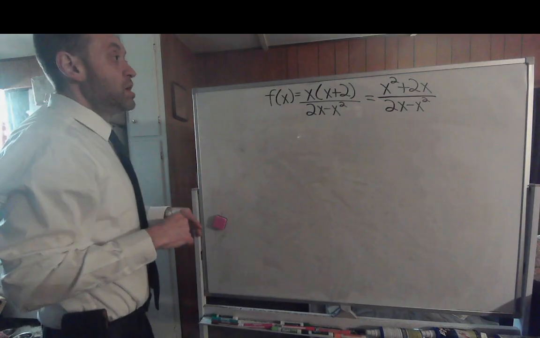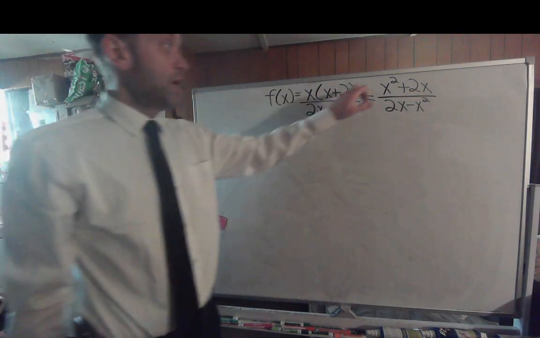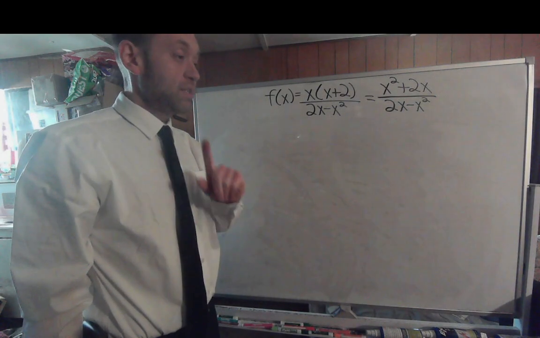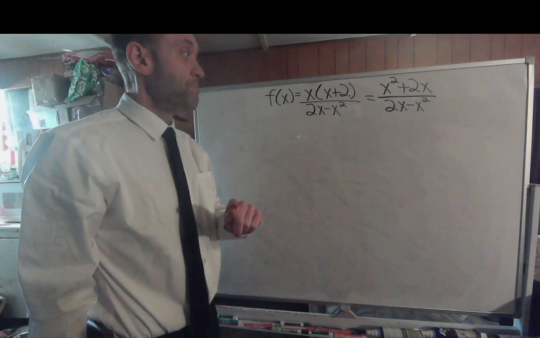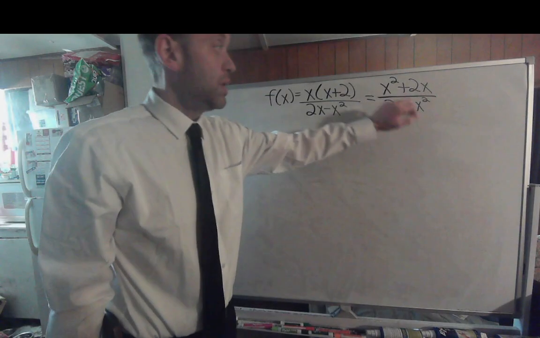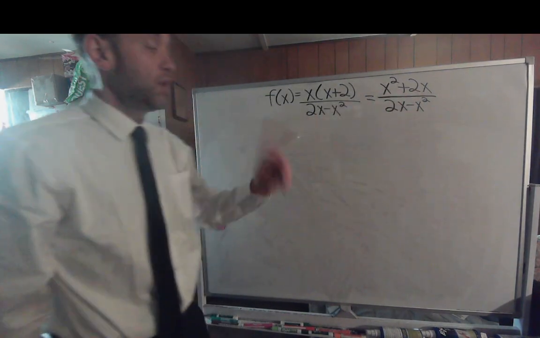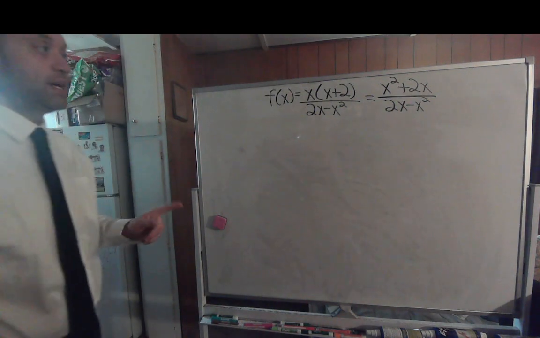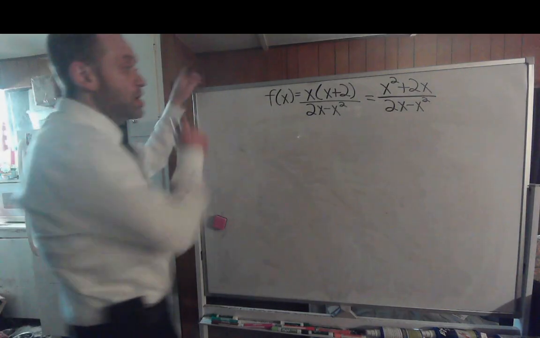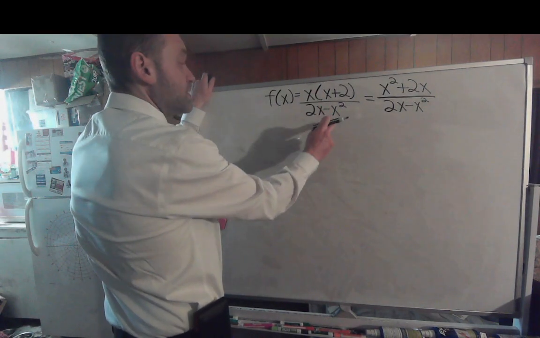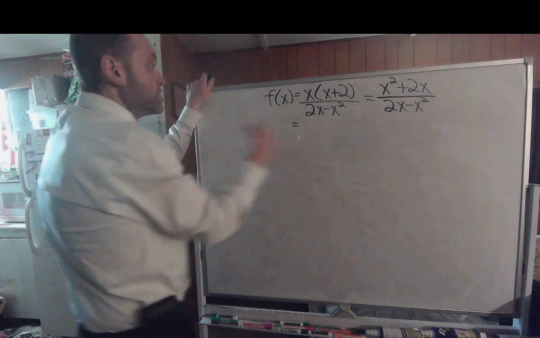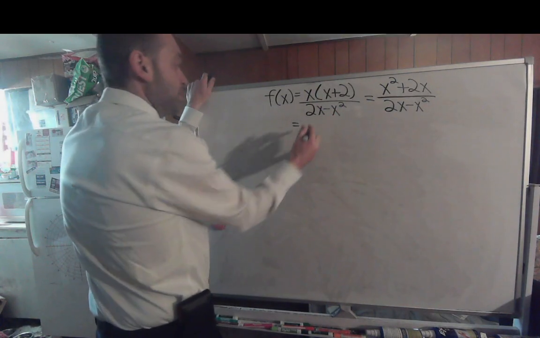Alright. Well, the degree of the numerator is the same as the degree of the denominator. That, of course, is going to be negative 1 over negative 1. Since they're both of the second degree, it would look like we have horizontal asymptotes, but you can cancel out certain things. So let's simplify the denominator.